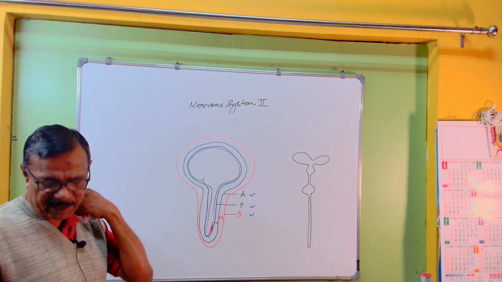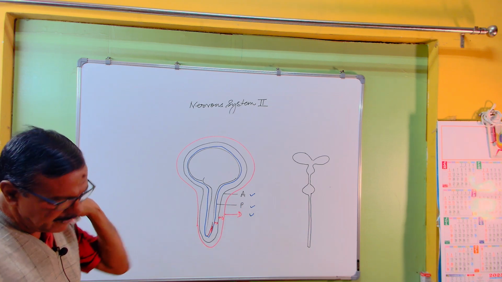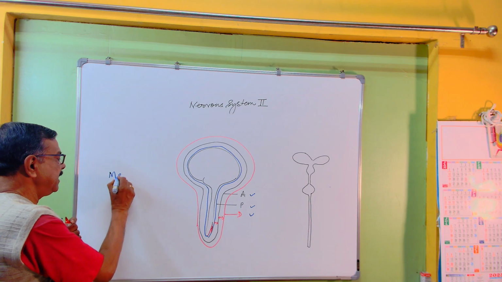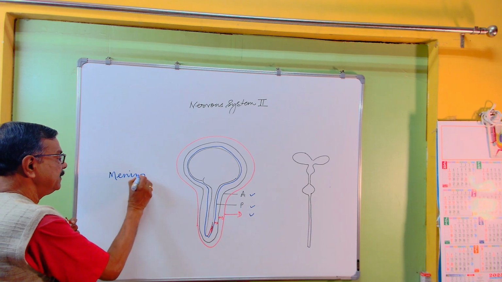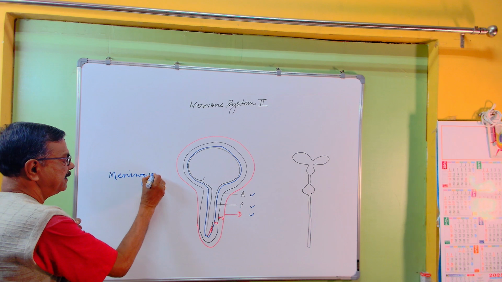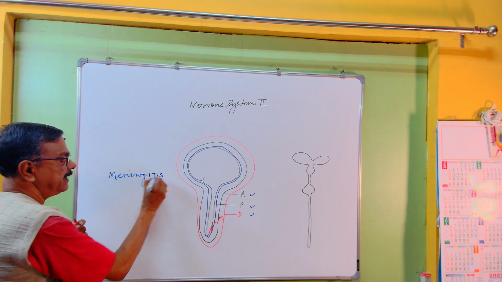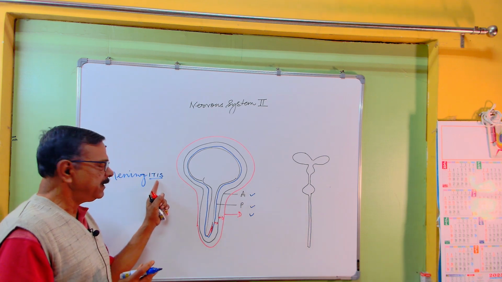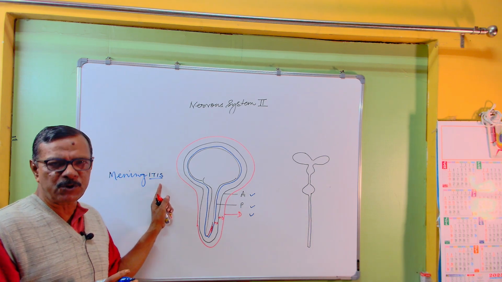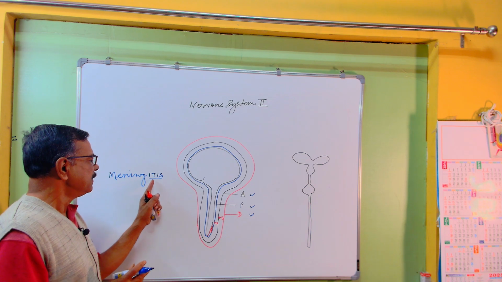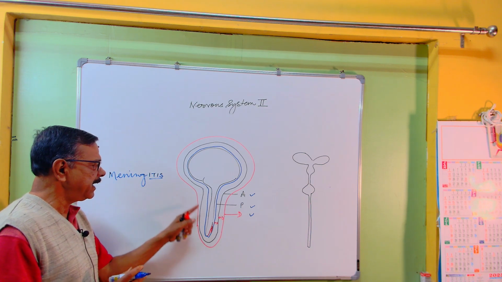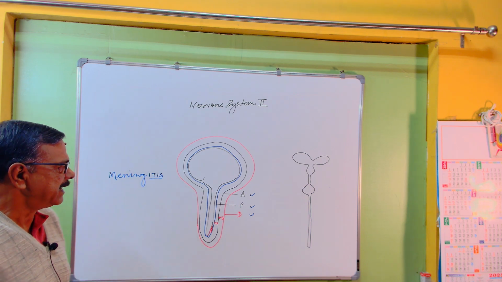These three are called meninges, and inflammation of the meninges is known as meningitis. Itis means inflammation. It may be due to infection, trauma, or other injuries. So infection of the meninges is known as meningitis.